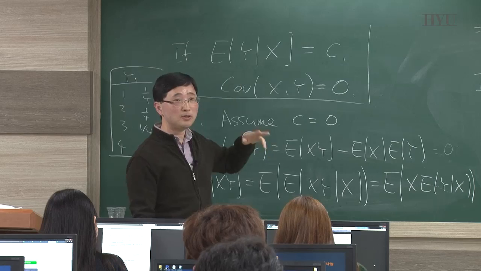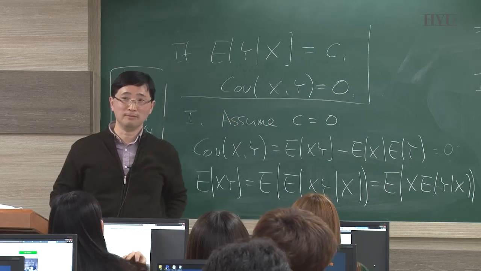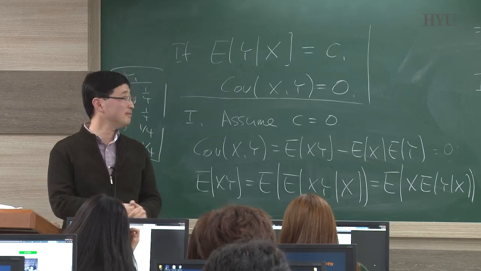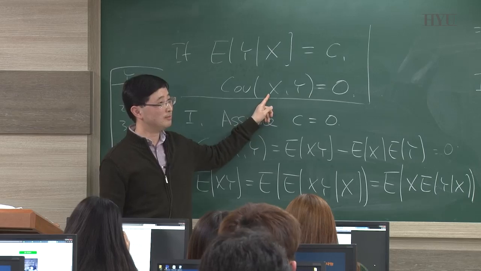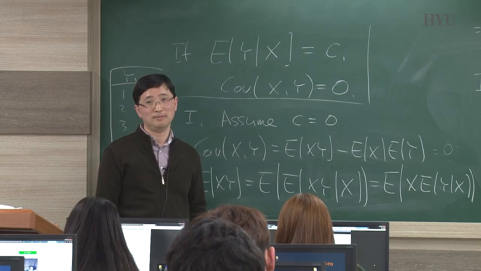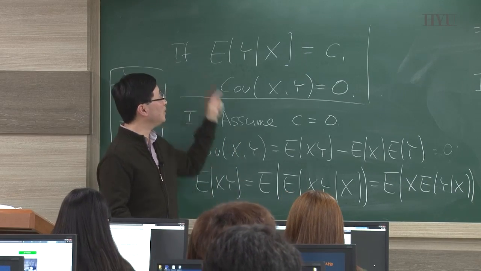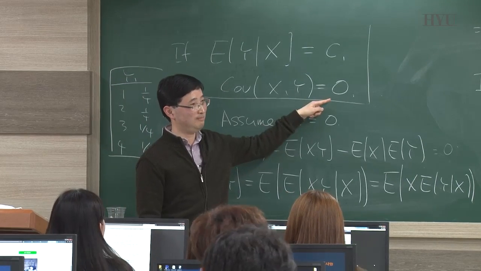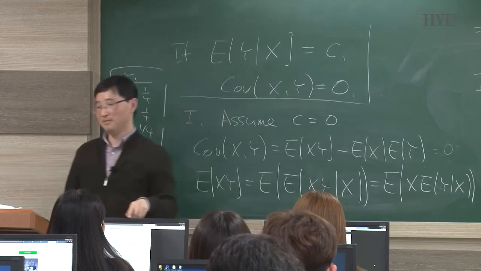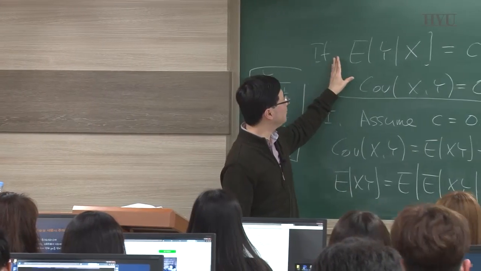If you can establish that this conditional mean does not depend on education, X, the conditioning variable, then you can always claim that wages and education are uncorrelated. There's no systematic correlation between them. Okay, so this implies this. Usually it doesn't go the other way. So that's the relationship. So we may use it later.